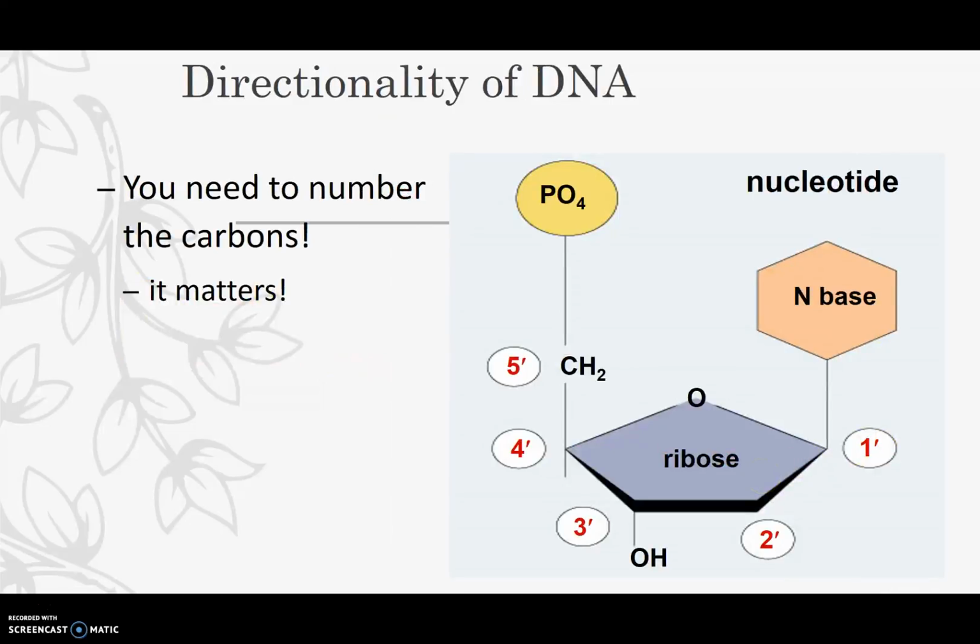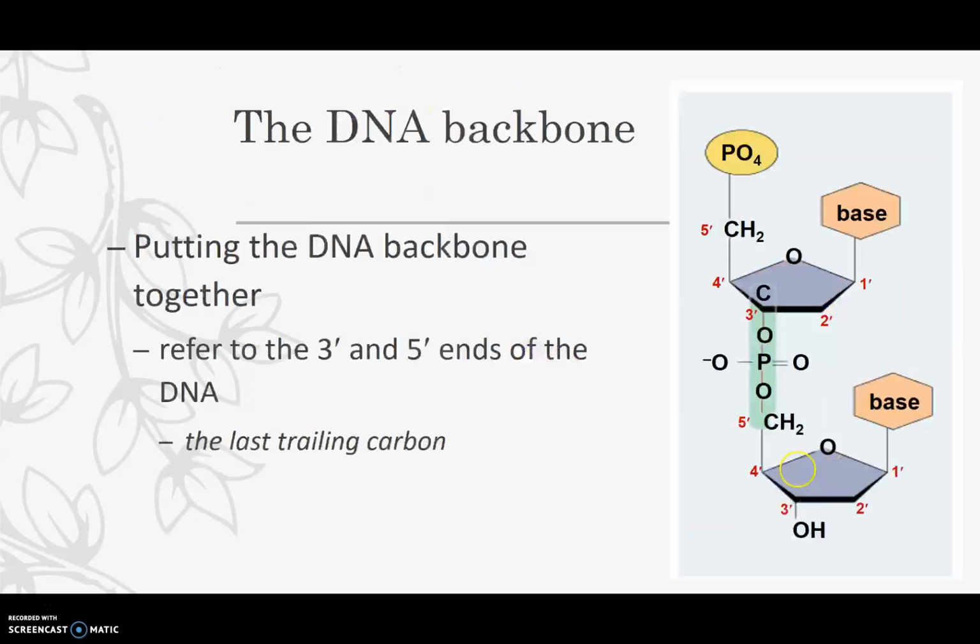When we look at nucleotides and we count the carbons, we have a carbon number 3 here, carbon number 5 here. Carbon number 3, we call it 3 prime, that's what this little mark means. And here's 5 prime. We talk about DNA's direction in terms of 5 prime to 3 prime.